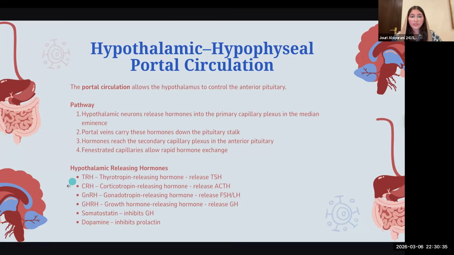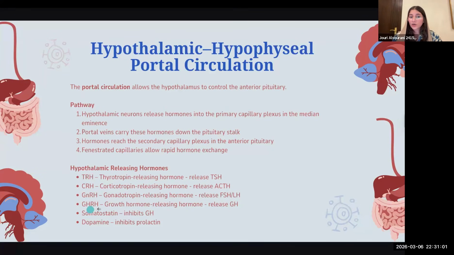And these are the different hypothalamic regulating or releasing hormones that act on the anterior pituitary. I'm going to go through them once because, again, I'm going to be using the abbreviations. TRH is thyrotropin releasing hormone. This acts on TSH. CRH, corticotropin releasing hormone, will release ACTH. GnRH, gonadotropin releasing hormone, will release FSH and LH.